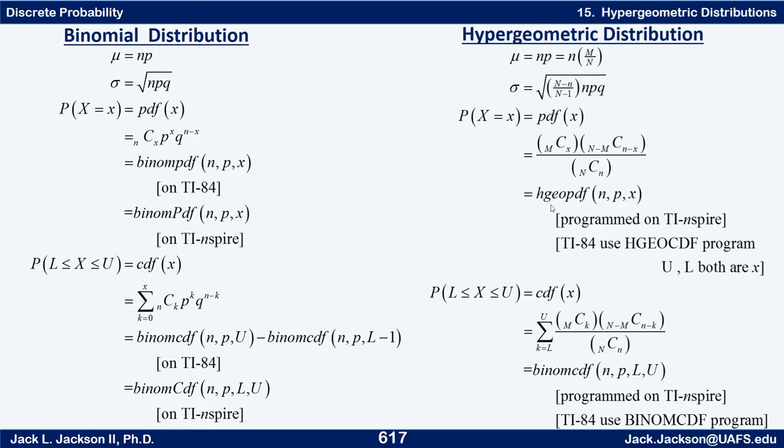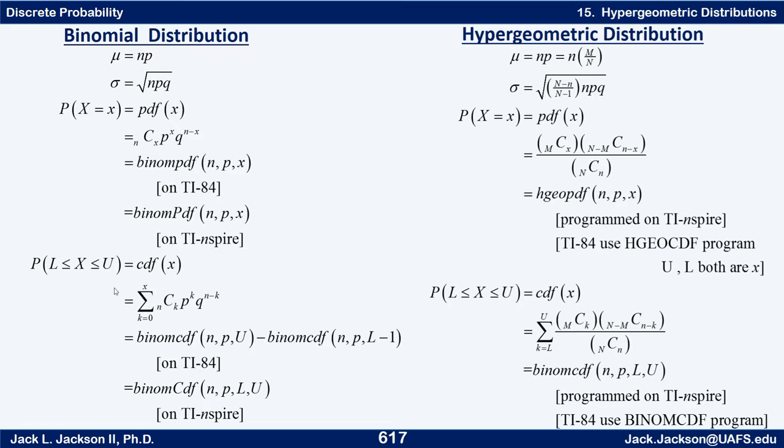It was this function we called HGPDF, and you pass it N, M, and x in that order, and it will figure this out. On the TI-84, we used the HGCDF program, but for a PDF, we just make sure the U and the L that we enter are both the x value for the probability that X equals that x.